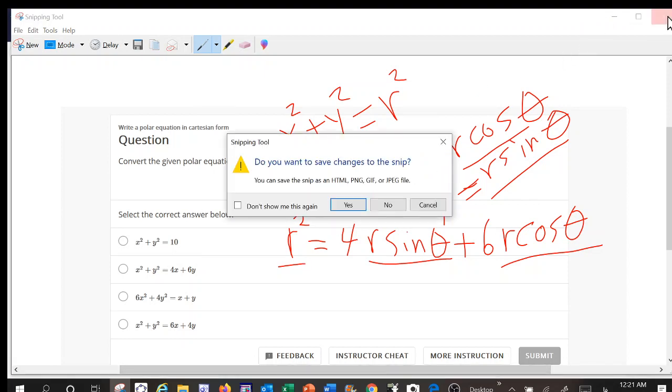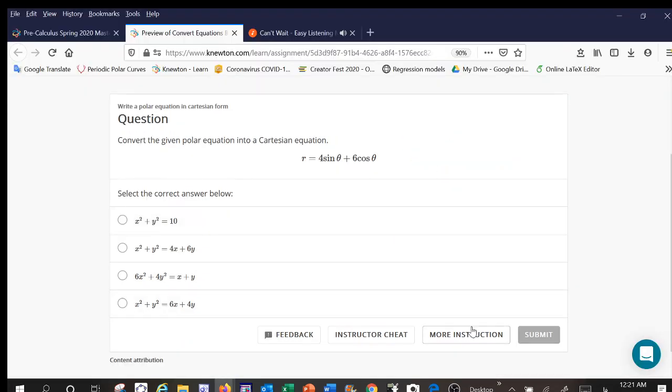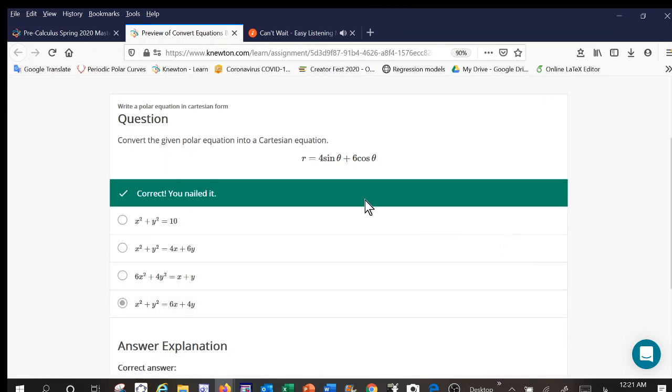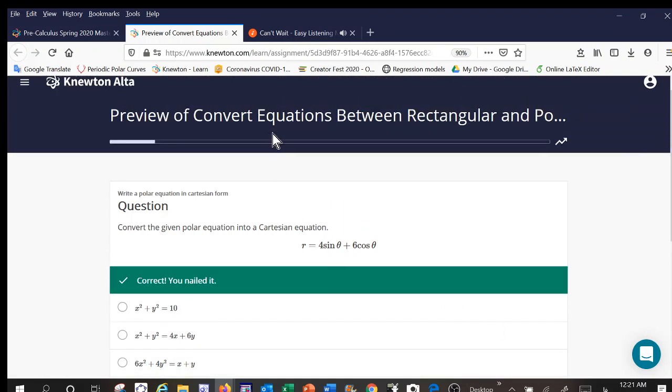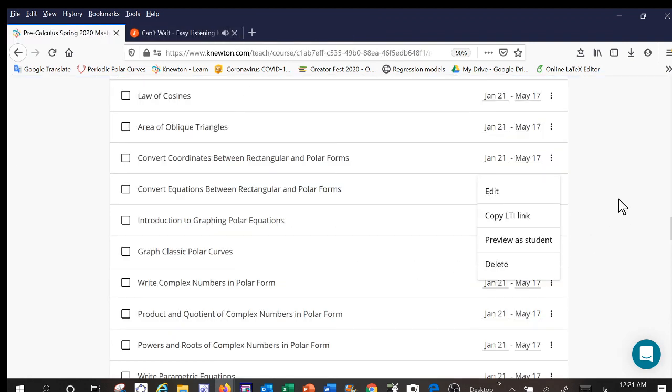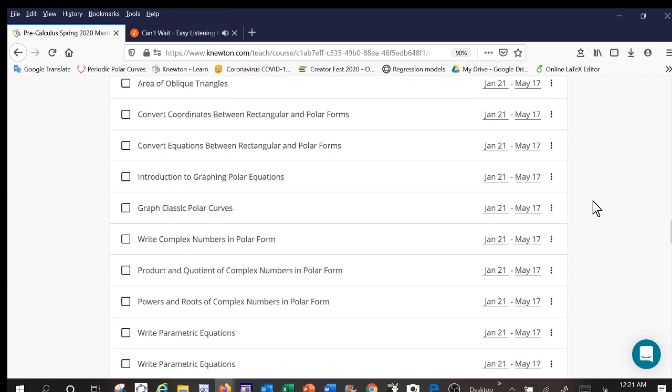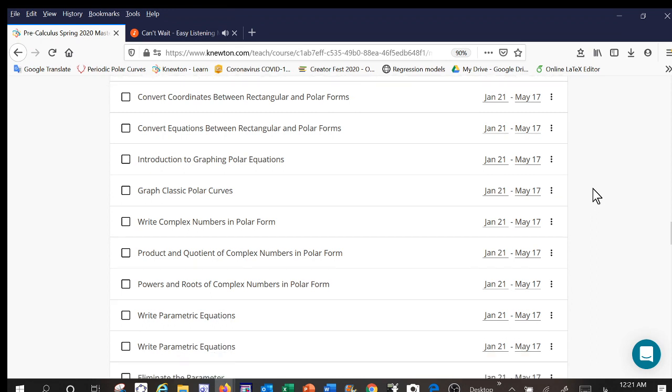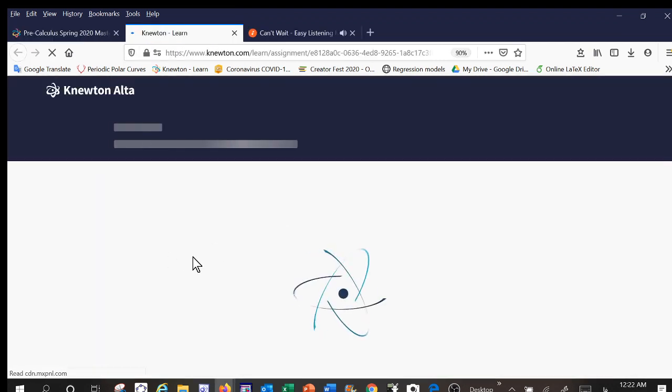So it really is not that hard. So x squared plus y squared equals 6x plus 4y. I think I did a bunch of them already for you. They're not that hard. So, introduction to polar graphs. I did a bunch of polar graphs for you, but let me do one more.